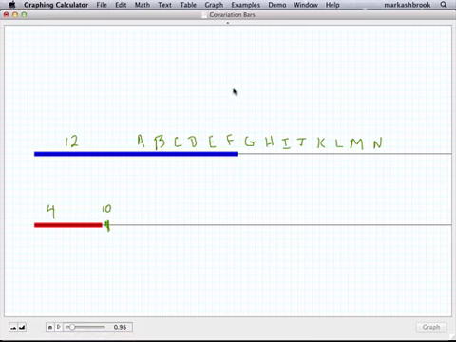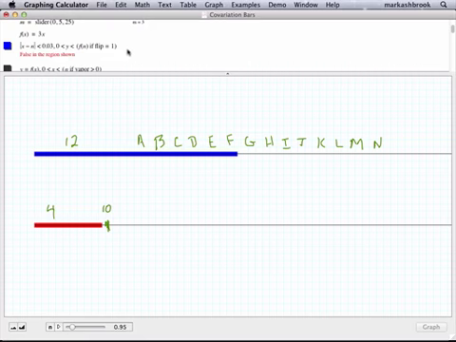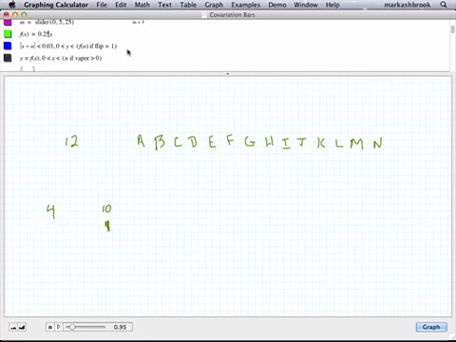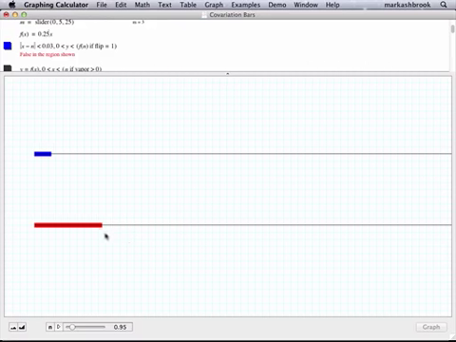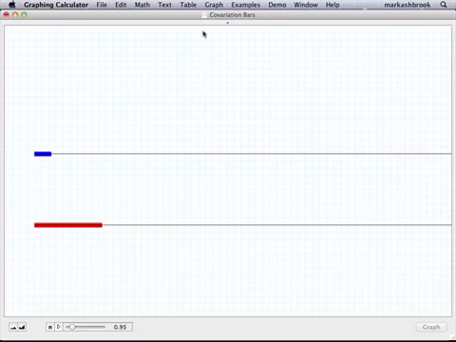Let's try a different example here, a little more practice. So I'm going to move the red one way over here. So you need to have good estimating skills. So move the red one there. Where will the blue one end up? So you can start talking as I'm writing letters.